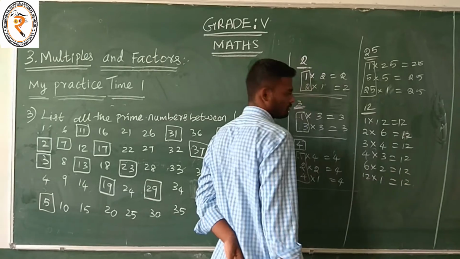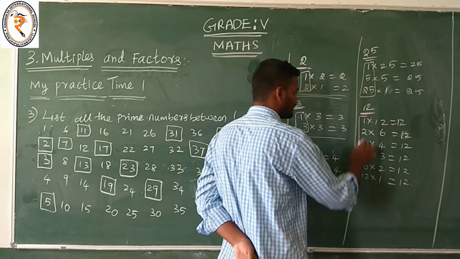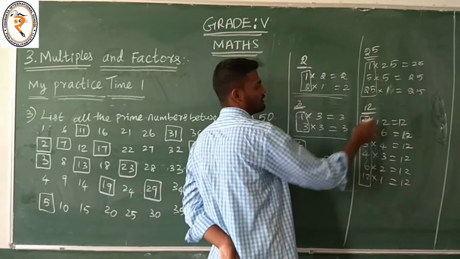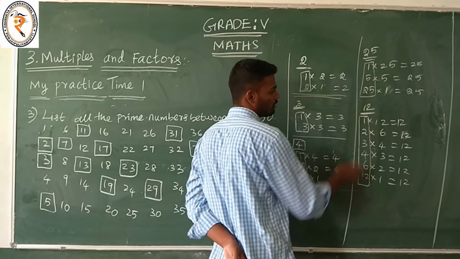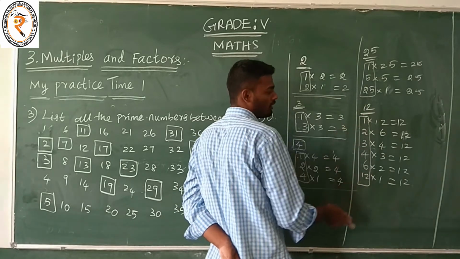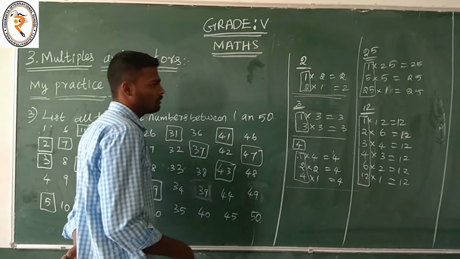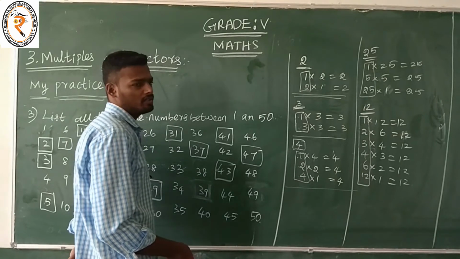So 12 comes in the first, second, third, fourth, sixth, and 12th tables, more than 2 tables. So 12 is a composite number.